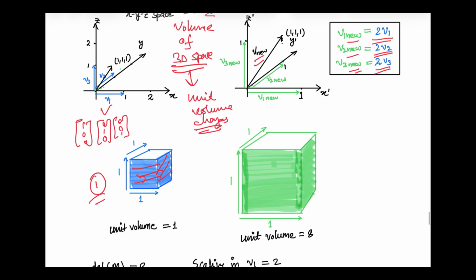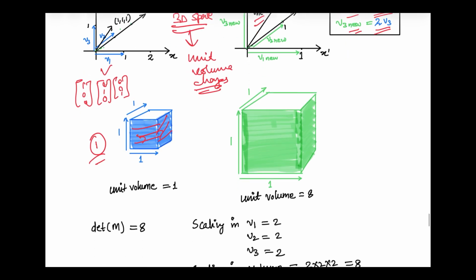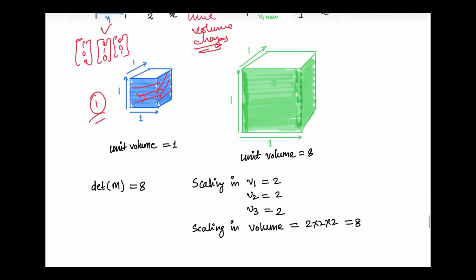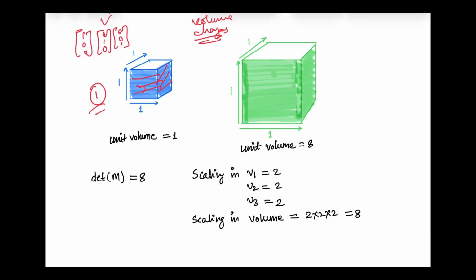So what the transformation has done is scaled up the basis. Since the basis is scaled up, the unit volume is scaled up, and by what factor? The factor by which the unit volume has scaled up is given by the determinant of the transformation matrix. So the determinant of the transformation matrix is 8.